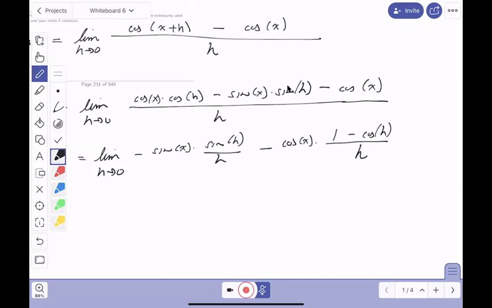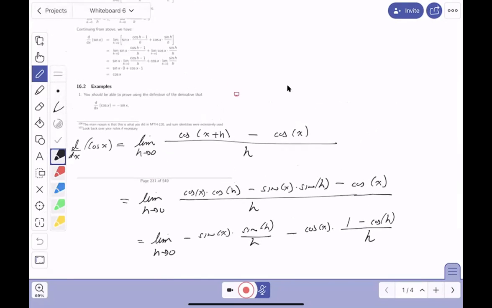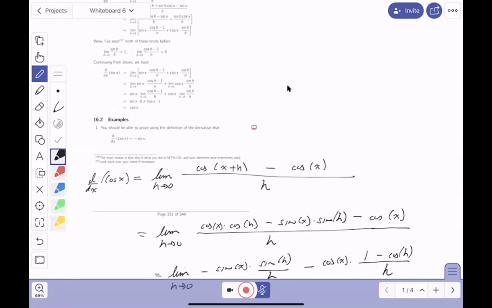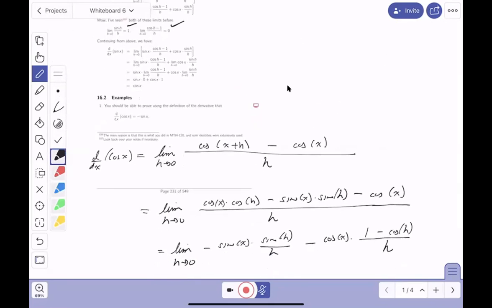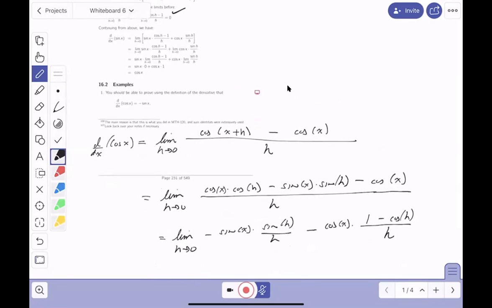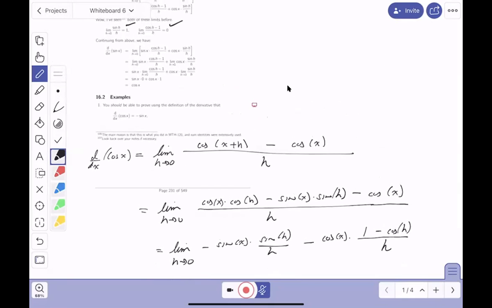Now remember, I said there are two limits you need to be able to remember. This is one, and that's the other. Granted, it's a little different, but really the same thing. I'm seeing the sine h over h. I know that's 1. Maybe I shouldn't have factored out minus cosine x to make it look exactly like that one, but I hope you realize it's really the same limit.